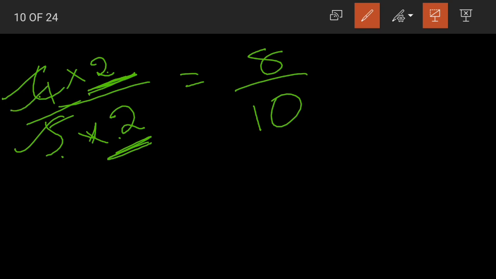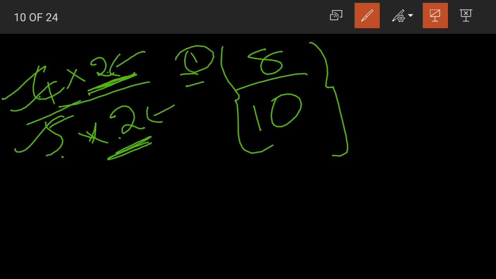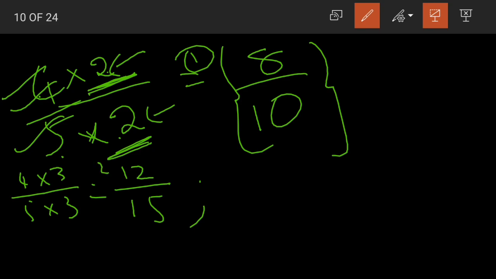Now the equivalent fraction of 4 by 5 is 8 by 10. Suppose in your exam they have asked you to find 5 equivalent fractions. This will be our first one, where we have multiplied both the numerator and denominator with 2. The second one will be 4 into 3 by 5 into 3, which becomes 12 by 15.